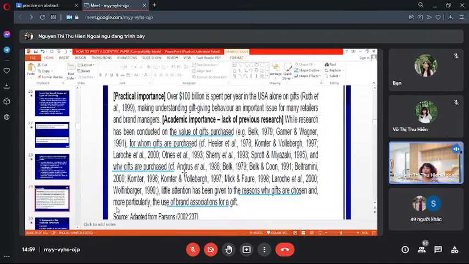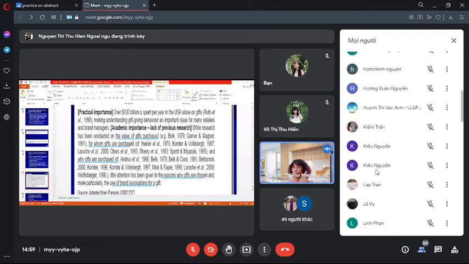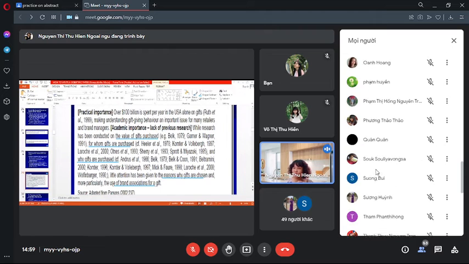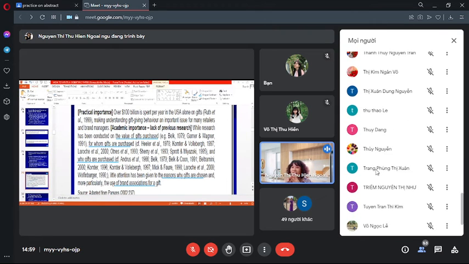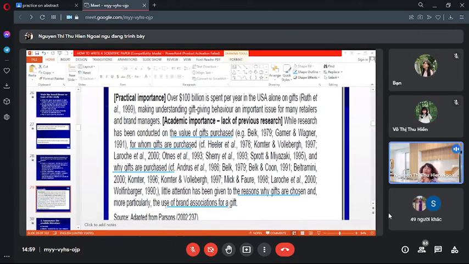So when you, as the reader, read this, you may understand immediately that the writer is going to lead you to the topic that he is going to do. That is either the reason why gifts are chosen, or the use of brand association for gift, or both of them. So that is about the second element.